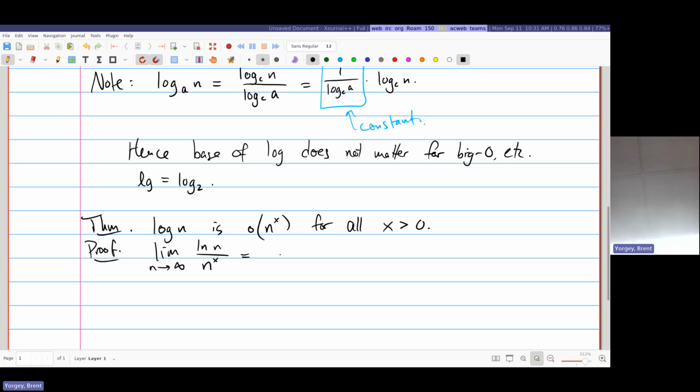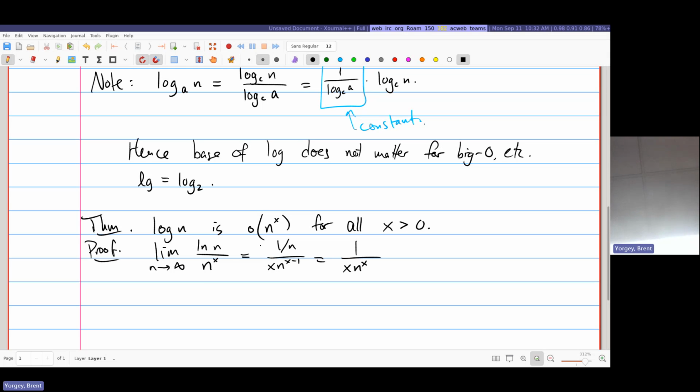The derivative of natural log of n is 1 over n. That's why I use natural log, because if we had a different base log, we could still do it, but it would have some extra constant floating around, and we don't care. And the derivative of n to the x is x times n to the x minus 1. I have 1 over n in the top, so I can move that n down to the bottom, and end up with x times n to the x.